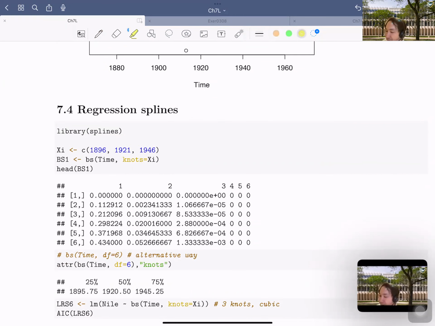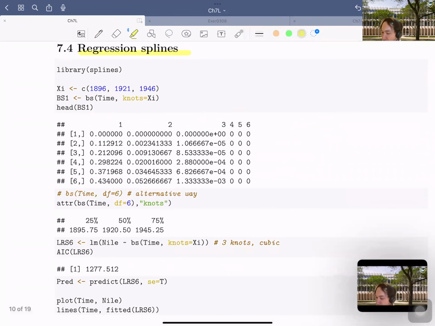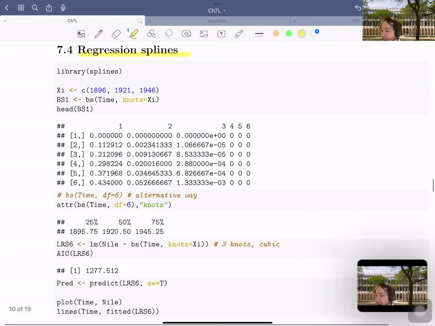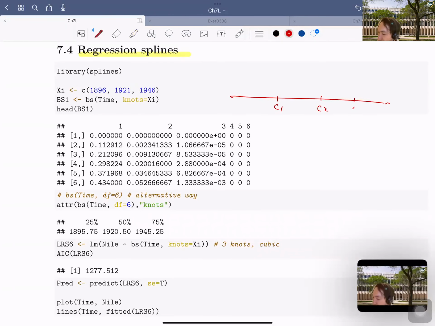And next one, regression spline. This is a more non-trivial one, but still it's kind of similar. For the basis of the spline, we need the knot points, maybe C1, C2, C3.